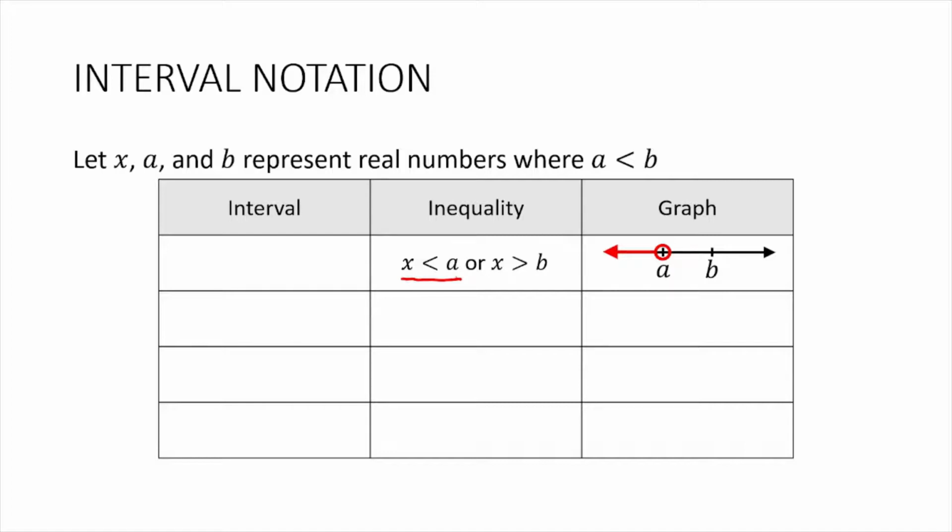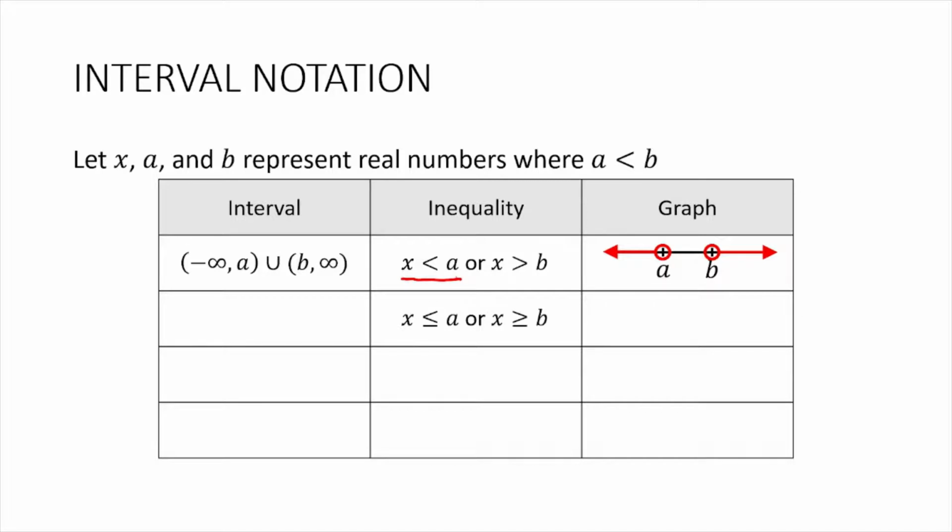And then we have here or, which implies the union of the two sets of x values. From b, it says greater than b, so going to the right, to positive infinity, excluding b. To describe this using interval notation, we say from negative infinity to a, union from b to positive infinity, excluding both a and b.